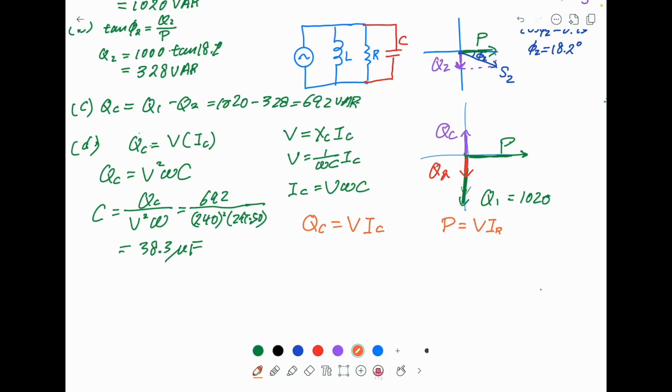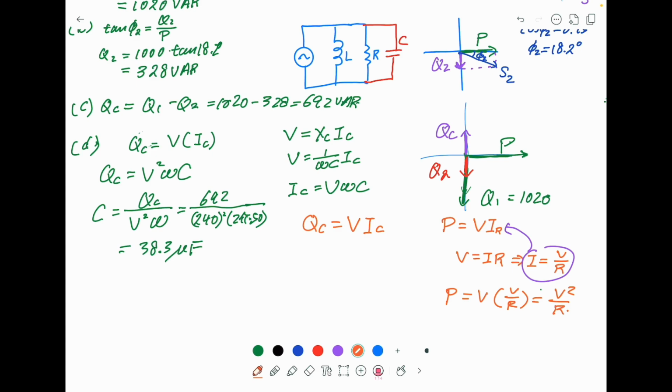Now for the Ohm's law, V equals IR, so therefore we can say I equals V over R. And now if we substitute this back to here, for the resistor, P is equal to V squared over R. And the same happens for the reactive power.